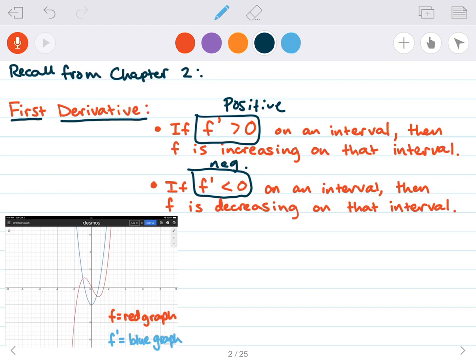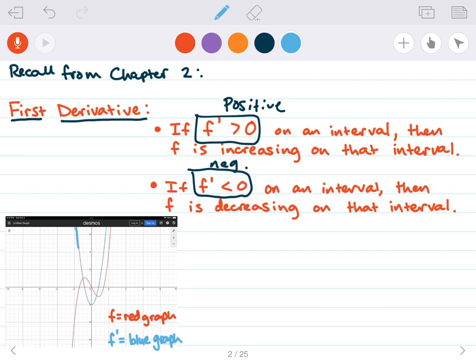Okay, so f is going to be the red graph right here, and f prime is going to be this blue parabola right here. And so, it says if the derivative is positive, then f is increasing, and let's confirm that's the case. Well, the derivative being positive means that it's above the x-axis, right?